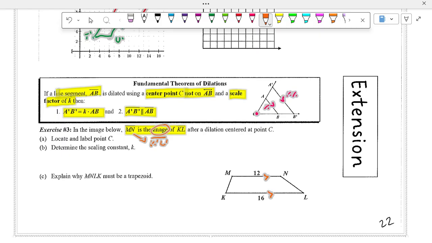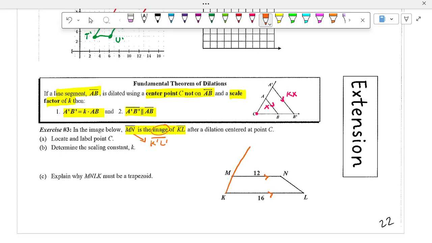So for the center of dilation, we take the other two sides and connect them. Wherever they cross, that point is your center of dilation. We'll call it C. Because these lines have to be parallel, all I did was take the other two sides of the shape and continue the lines. Wherever they cross, that's the center of dilation.